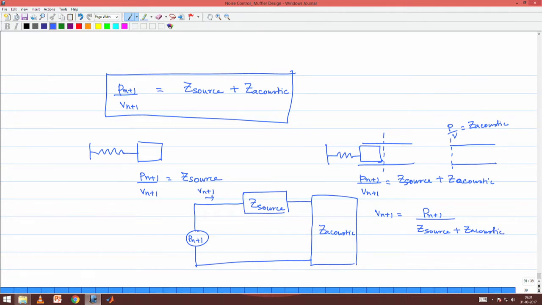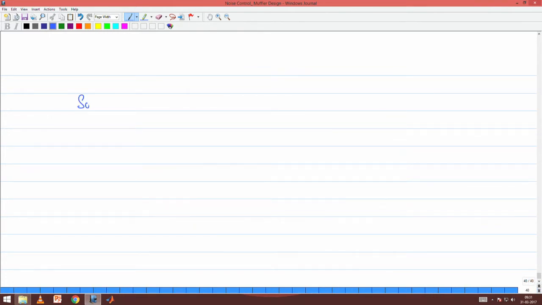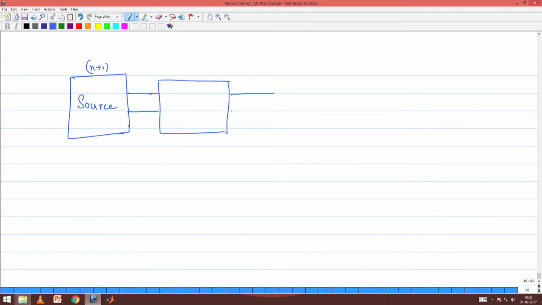So, at this stage we have therefore defined the impedance at both the starting and the terminating conditions of our duct. So, once more finally, we will look at the schematic of our exhaust line. So, this is a source which is the station n plus 1, and from here onwards you have a muffler, and this is the tail pipe. So, the muffler together with the inlet pipe and the tail pipe will constitute what is known as an acoustic filter.